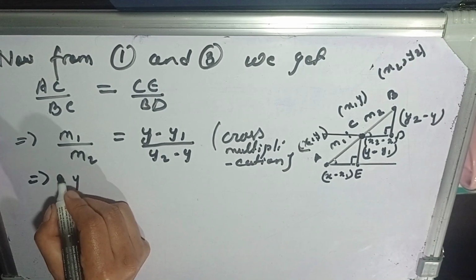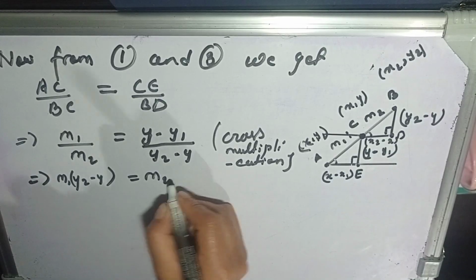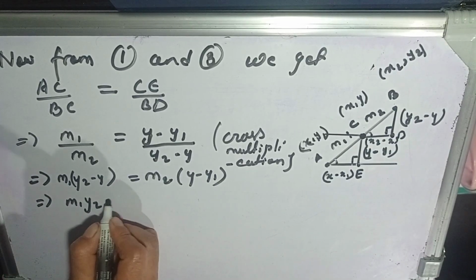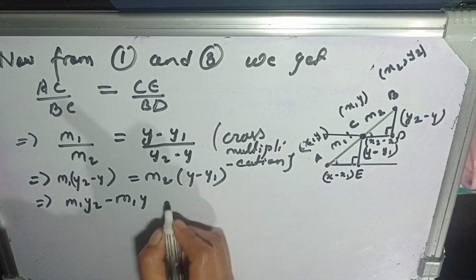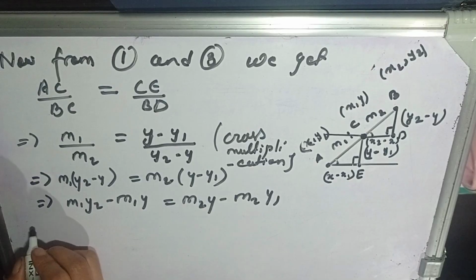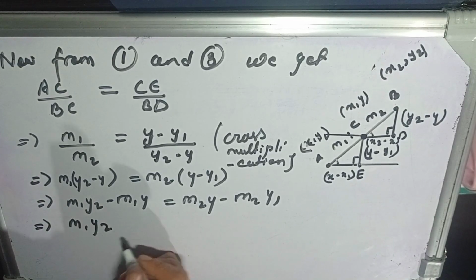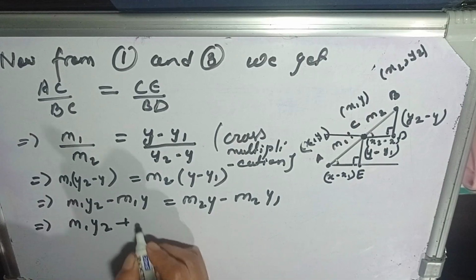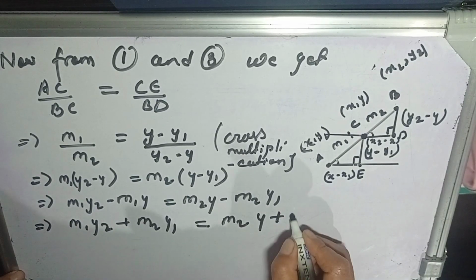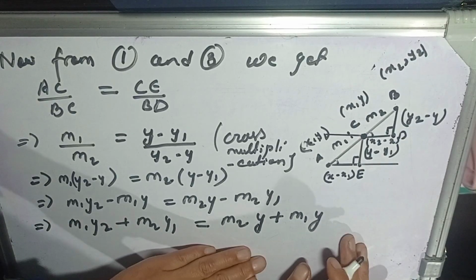So m1 times y2 minus y equals m2 times y minus y1, which implies that m1 y2 minus m1 y equals m2 y minus m2 y1. So m1 y2 plus m2 y1 equals m2 y plus m1 y. I am arranging like terms and unlike terms.